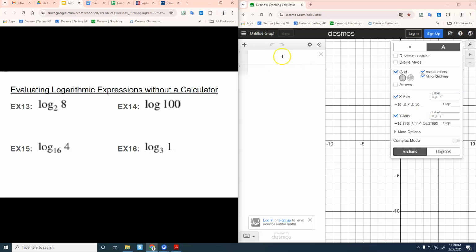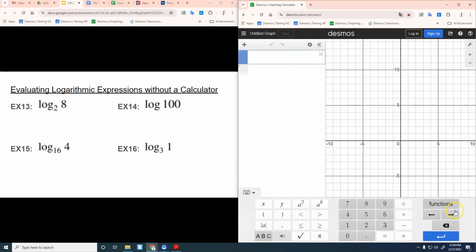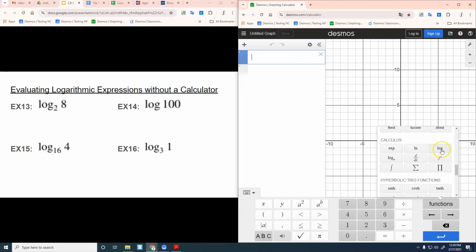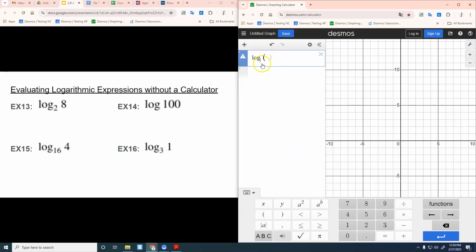On Desmos, there is a special function for it. If you go to functions, you can go down here. They put it under the calculus stuff for some reason. Log base 2 of 8, and it gives you the answer.